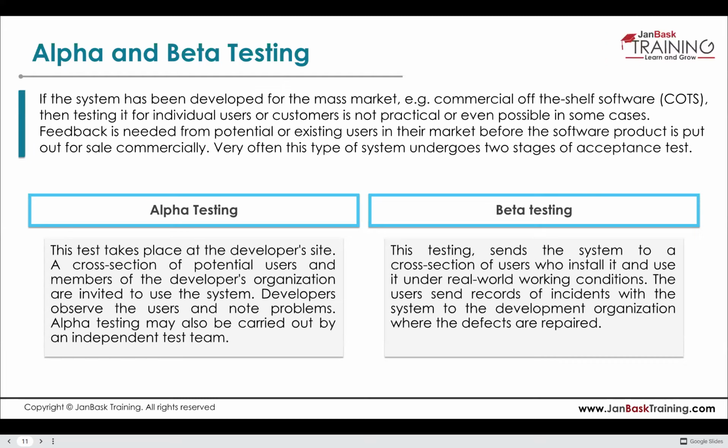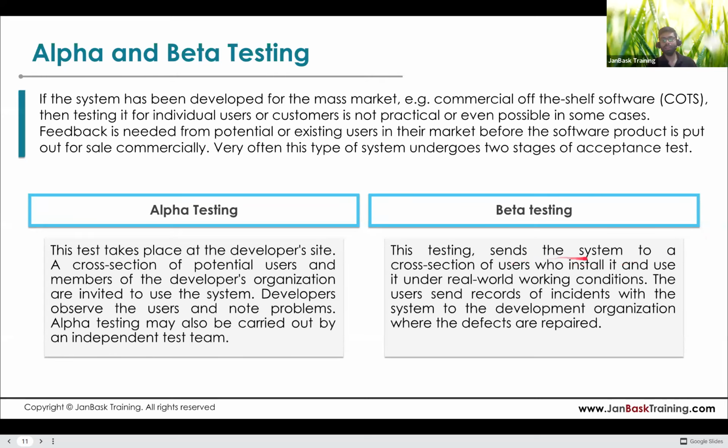Basically, they are testing the software with real life users, but not all the users are going to use it. It will be tested by some of the users, they will give their feedback, and if they find any bugs or any deviation, on top of that they will give the recommendations to the development team, and they will do the changes accordingly.